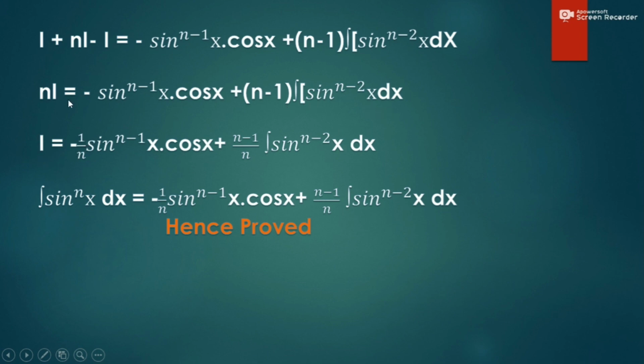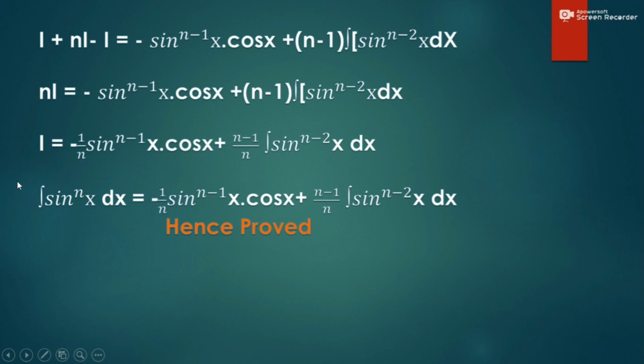Then this n goes to the denominator, so it becomes 1 by n, with the minus sign. Therefore I is equal to minus 1 by n into sin raised to n minus 1 x into cos x plus n minus 1 upon n into the integral of sin raised to n minus 2 x dx.